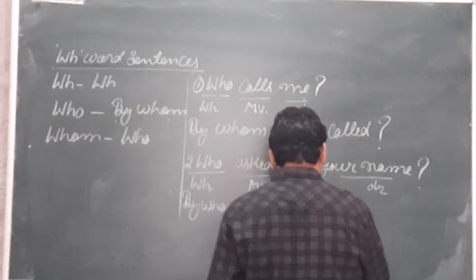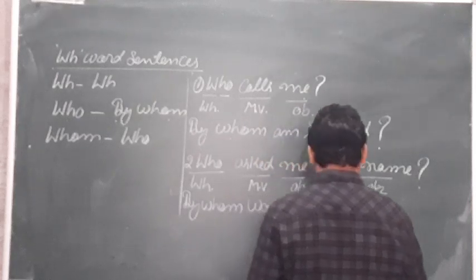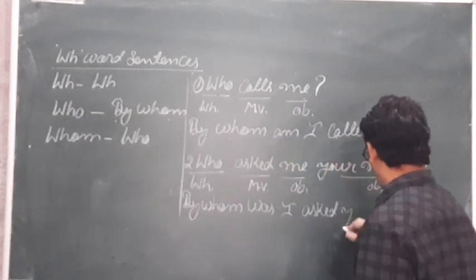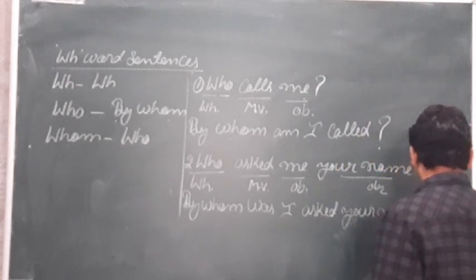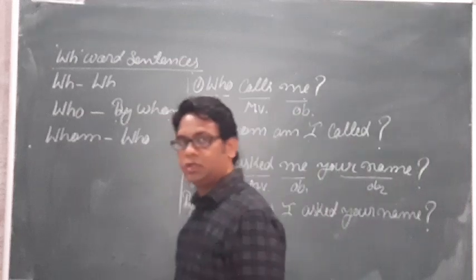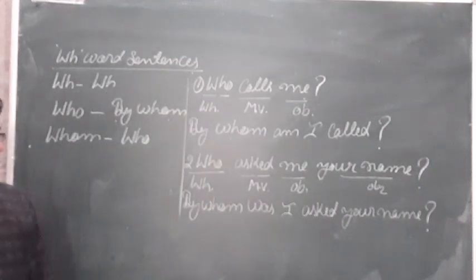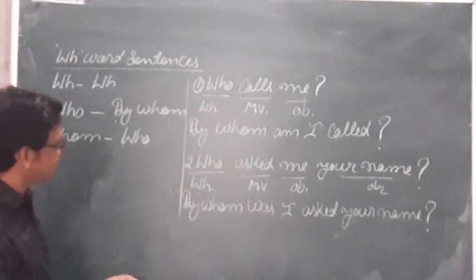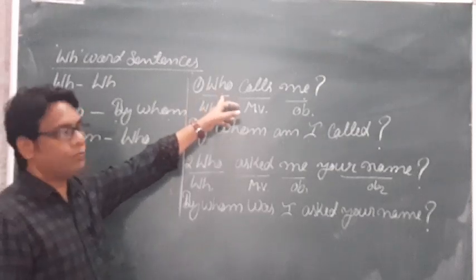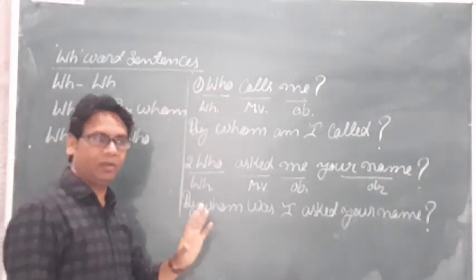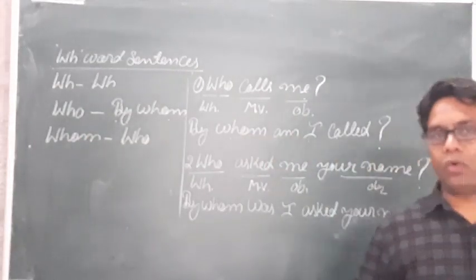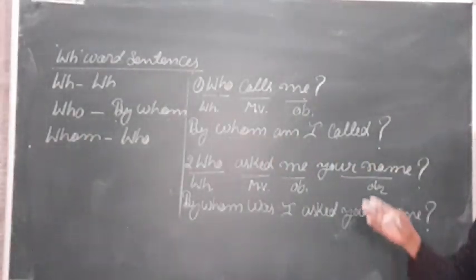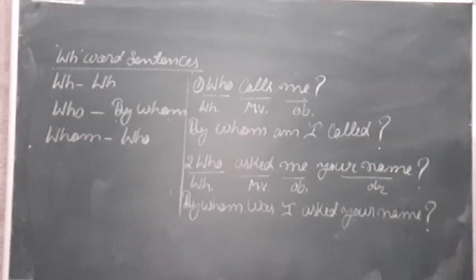Now the third form of the verb, asked your name, and question mark. So this is how we will change our sentence which starts from who without a helping verb. Now I am going to tell you how we can change such a sentence if we find any helping verb.